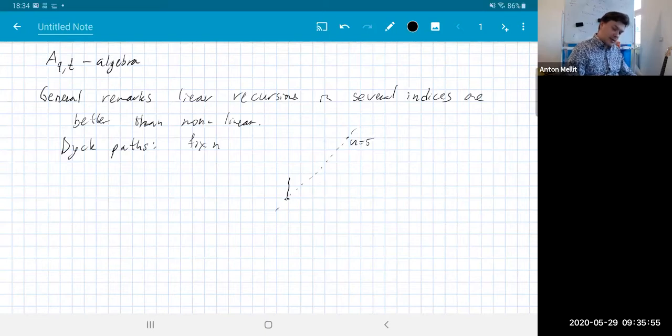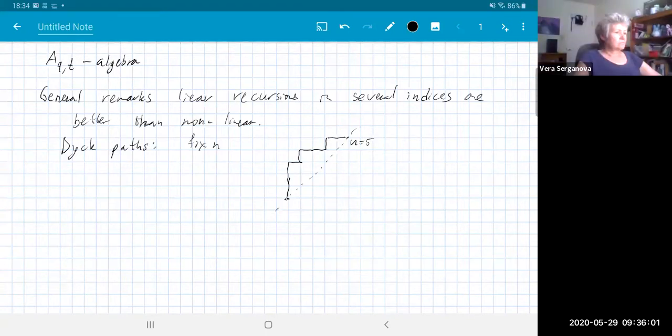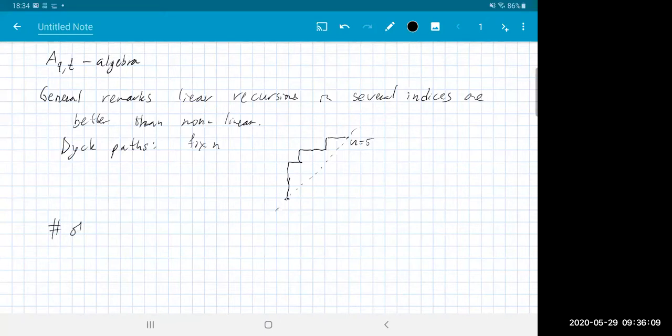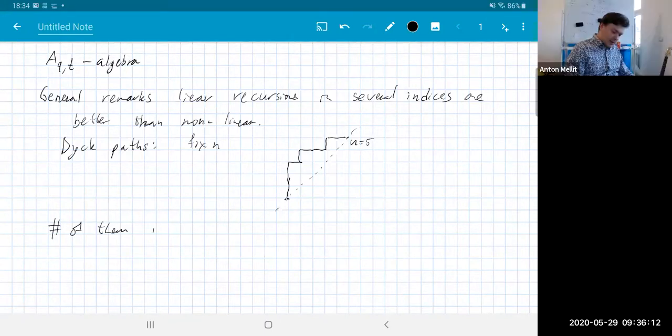This point is n, and then I go up or right, like this. And it is well known that the number of Dyck paths is the Catalan number, 1 over n plus 1 times 2n choose n.